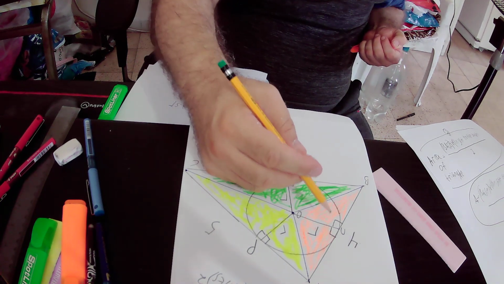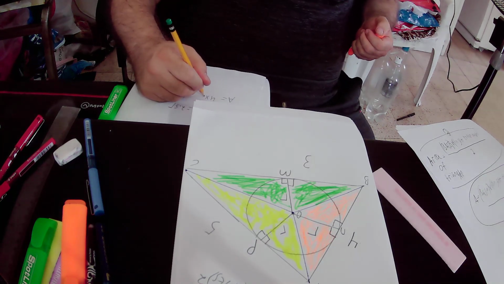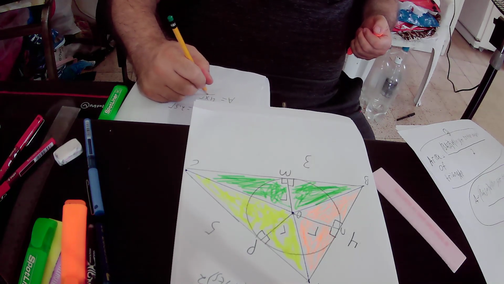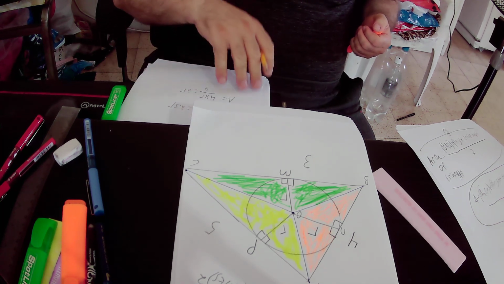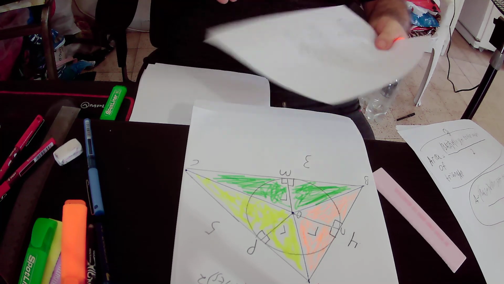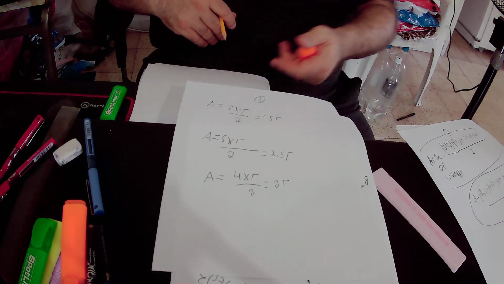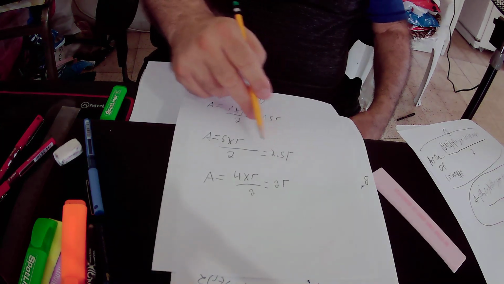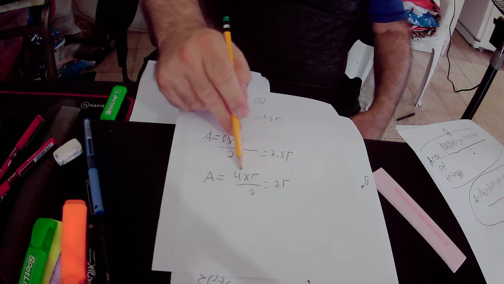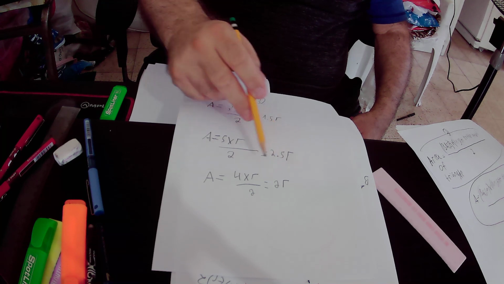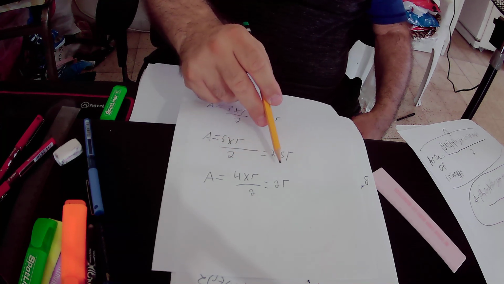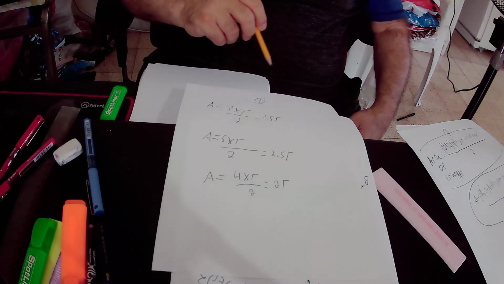Okay, so it is 4 times the radius of the circle, all divided by 2. 4 over 2 equals 2, so in total we got that the area of the orange triangle equals 2 times the radius. So in total we have 2r.